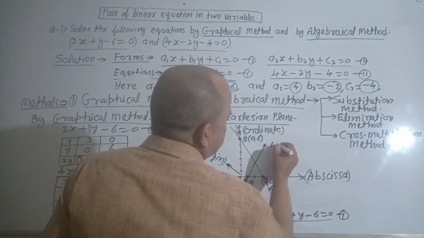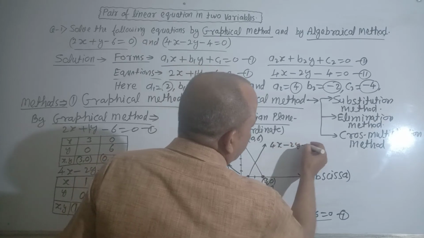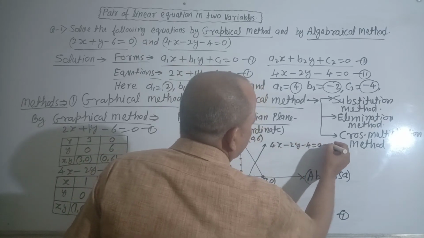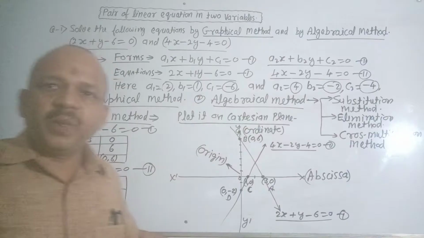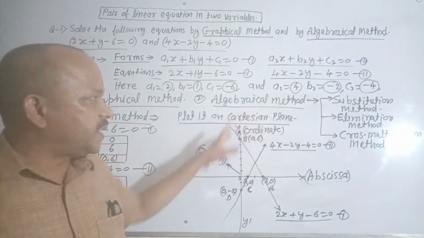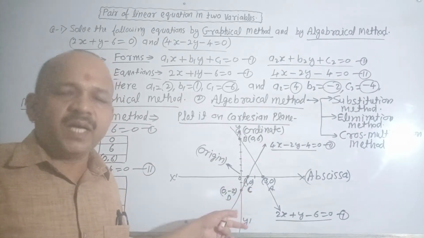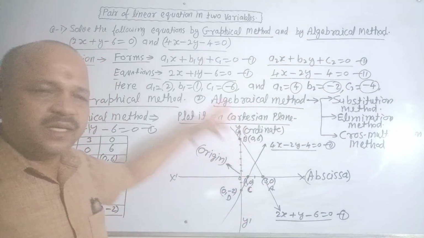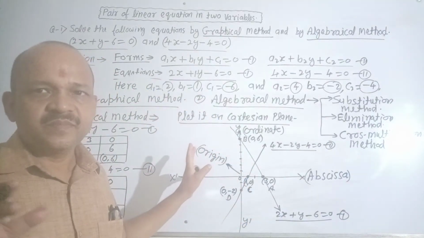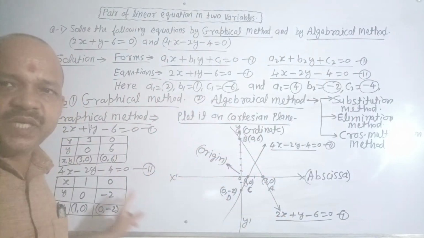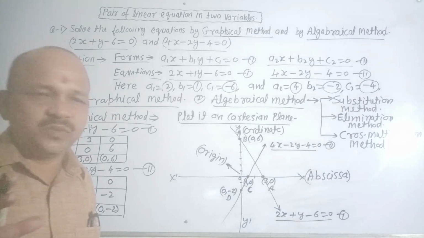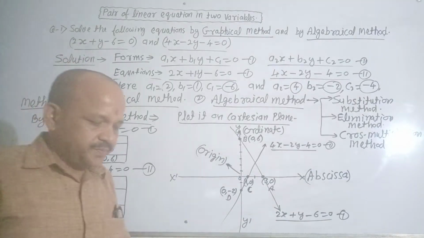Second equation is 4x minus 2y minus 4 equal to 0. You plot all points on the Cartesian plane and you solve your question by the graphical method. Is it clear? No confusion about it? Very good. Next step.